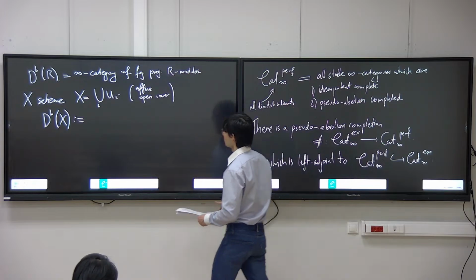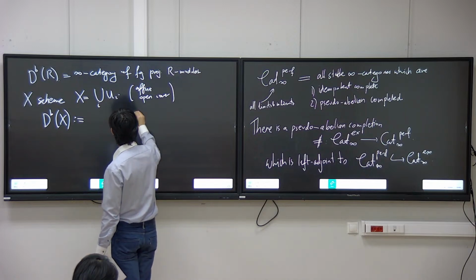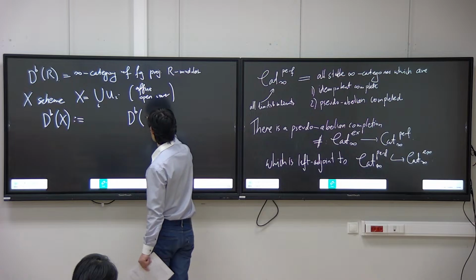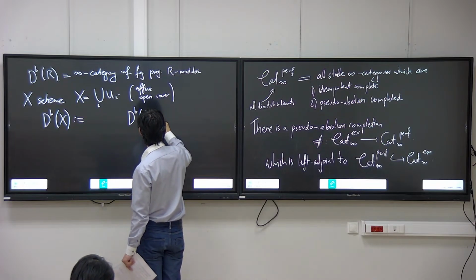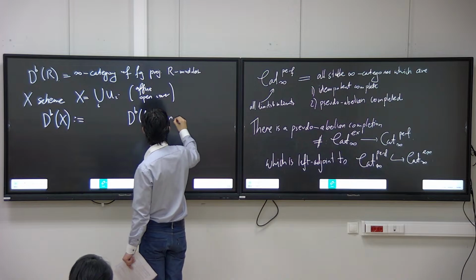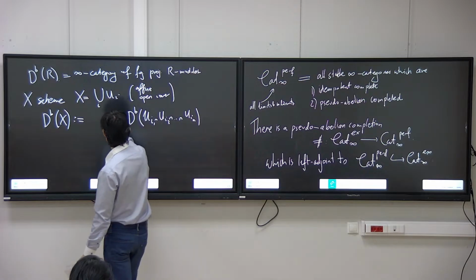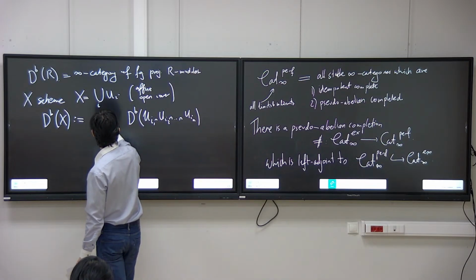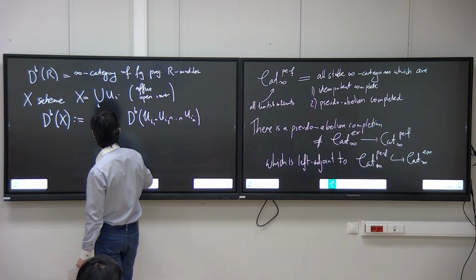So we can consider D^b of U_{i1} intersect U_{i2} intersect ... intersect U_{in}, and just take a limit across all indices i1, i2, ..., in.